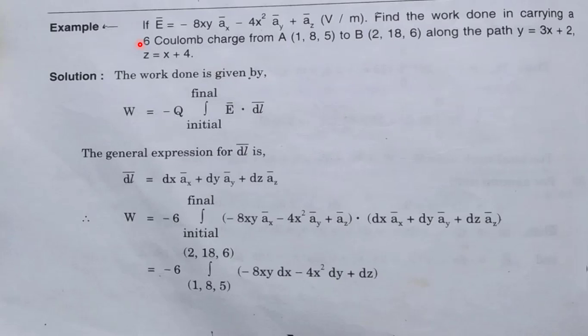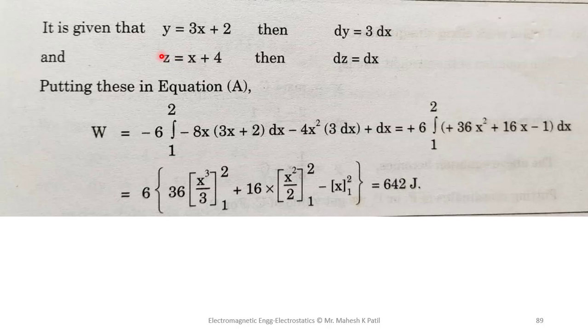But here if you observe the given path, it is y is equal to 3x plus 2 and z is equal to x plus 4. So this path is mentioned here. Therefore we'll make use of that path here.